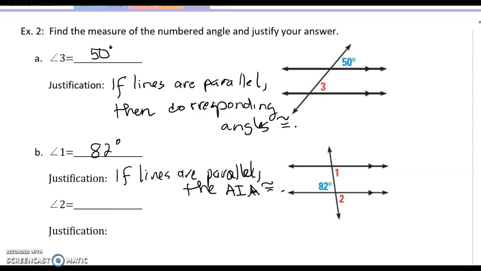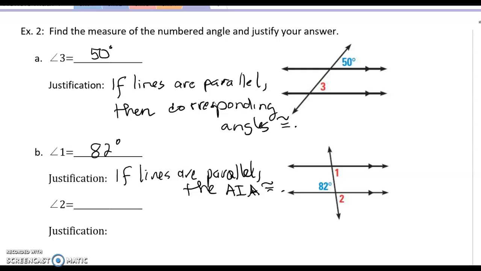Now I'm going to allow these abbreviations, but you've got to be careful that you're using the appropriate abbreviation. Okay, so AIA stands for alternate interior angles. So if we have parallel lines cut by a transversal, then alternate interior angles are congruent. That's our justification.